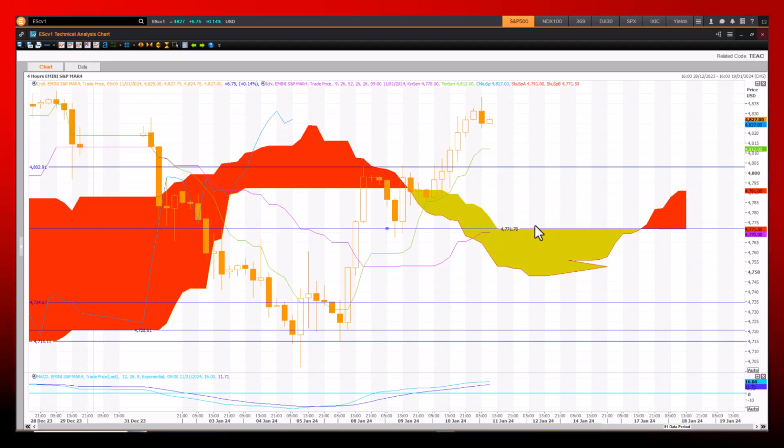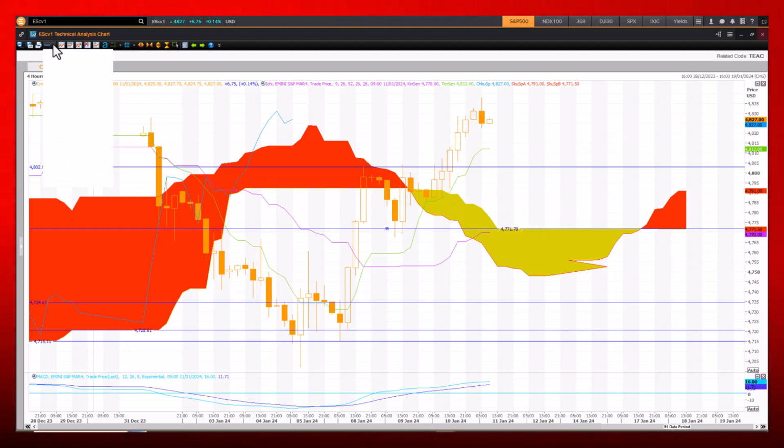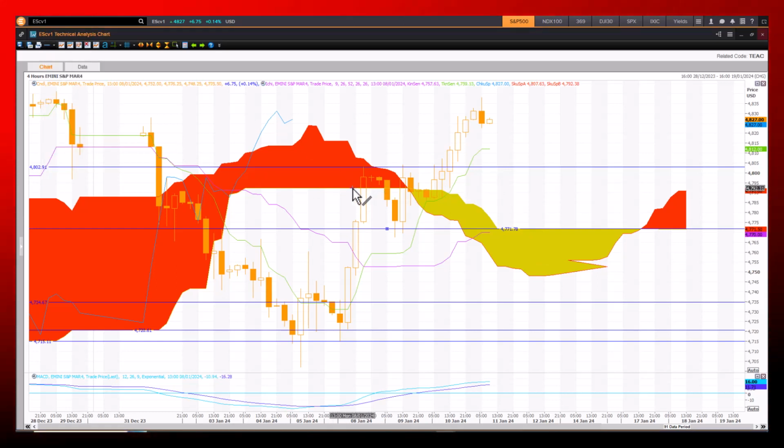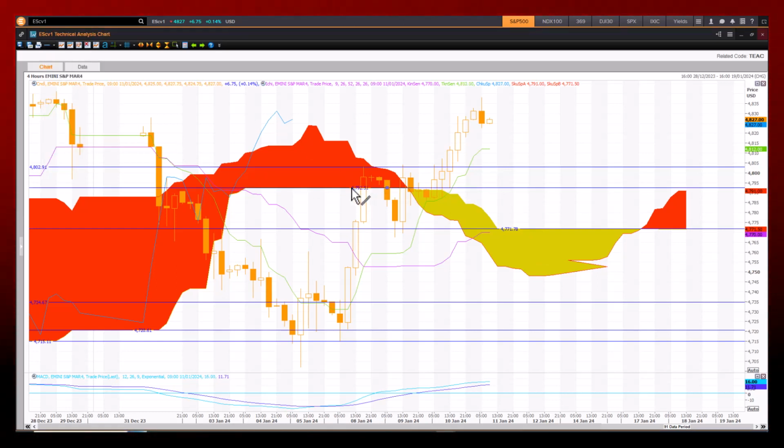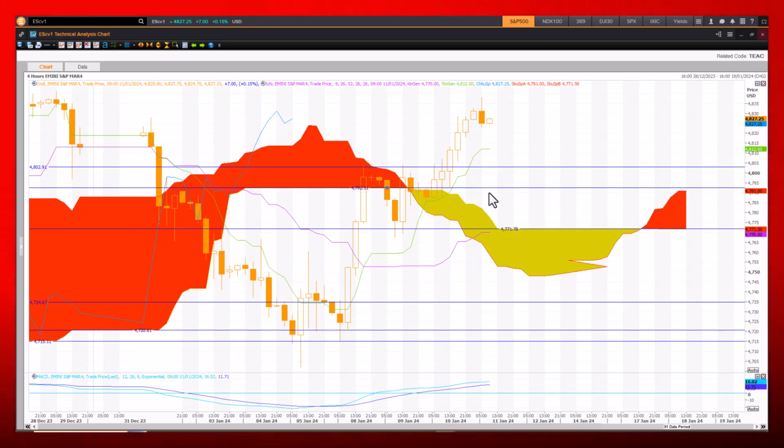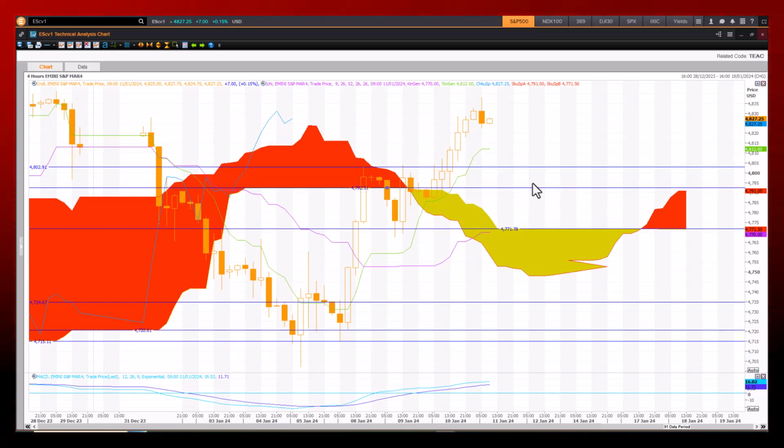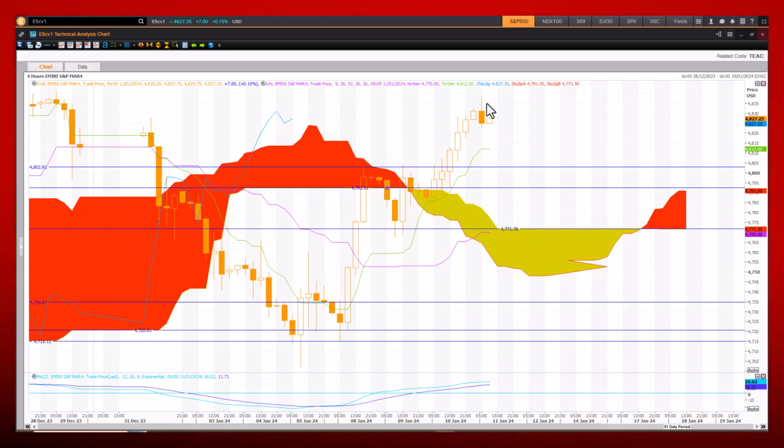So about 4,770, 4,775 is a major support zone on the 4-hour chart. The next level to watch for support, if there's any consolidation or correction in the current trade, is 4,790 and 4,800. Now the problem is we're a little bit extended from the top end of the cloud.